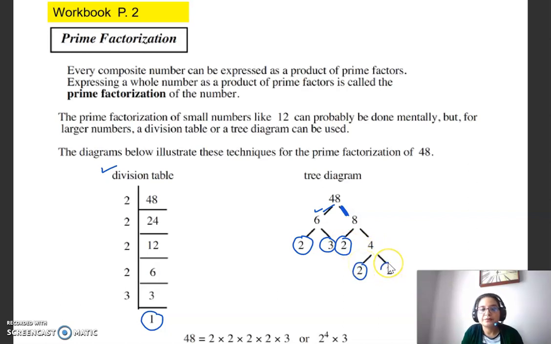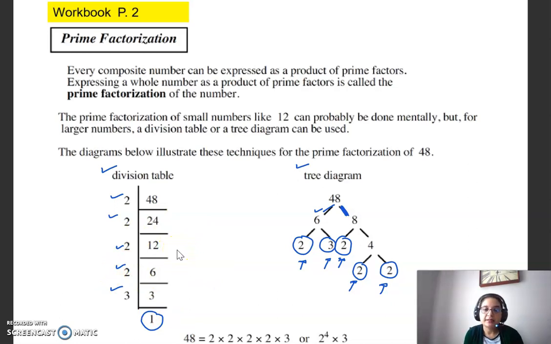So for either of these methods, the tree diagram or the division table, you end up with the same prime factors. Here are your prime factors in the tree diagram, and here are your prime factors in the table format.